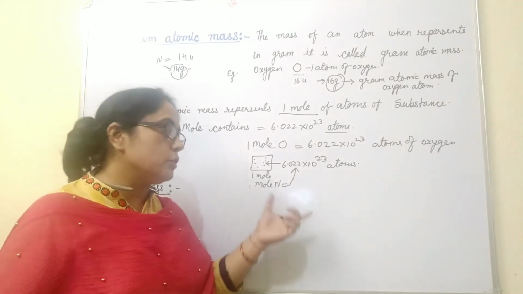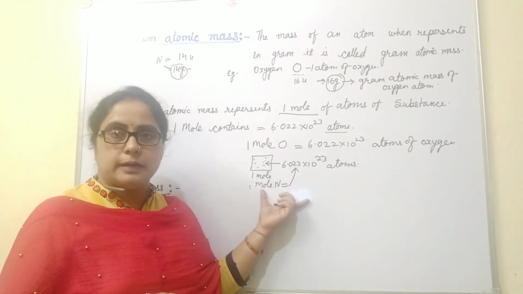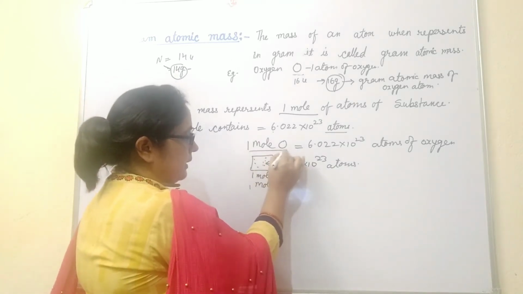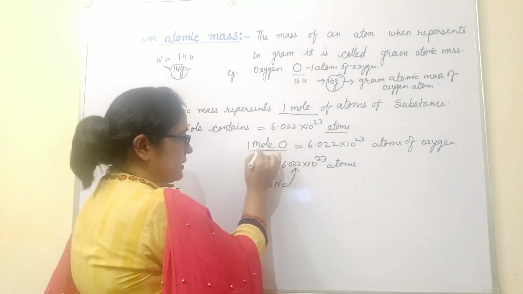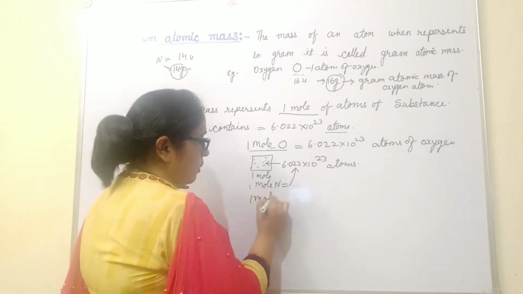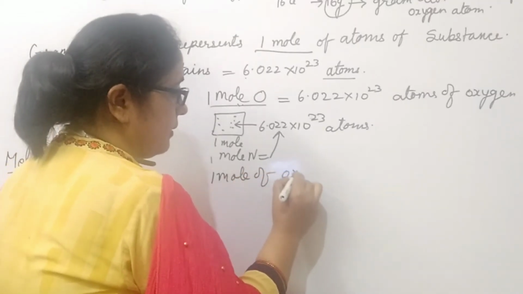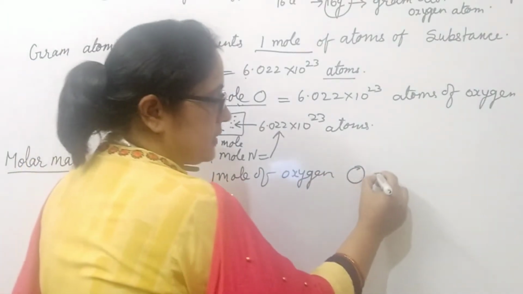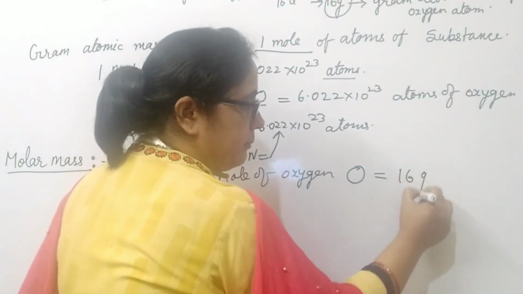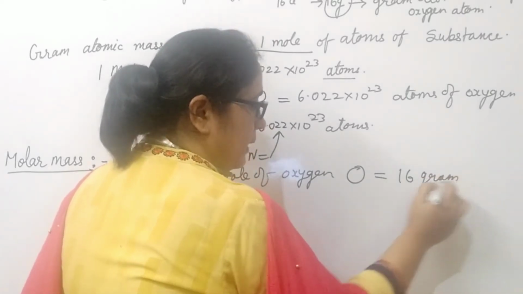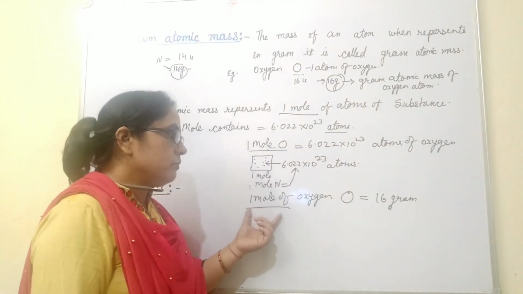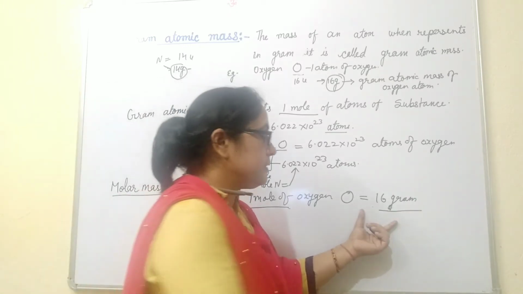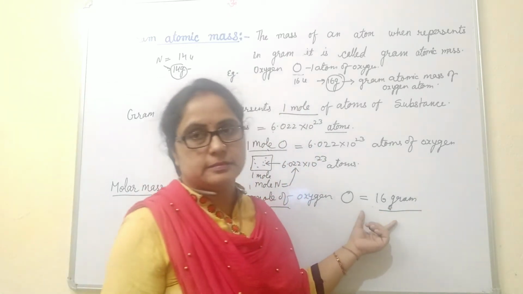Now, what is the mass of this 1 mole of atoms? We know that the mass of 1 mole of oxygen is 16 gram. It means the mass of 1 mole of atoms of an element is equivalent to its gram atomic mass.